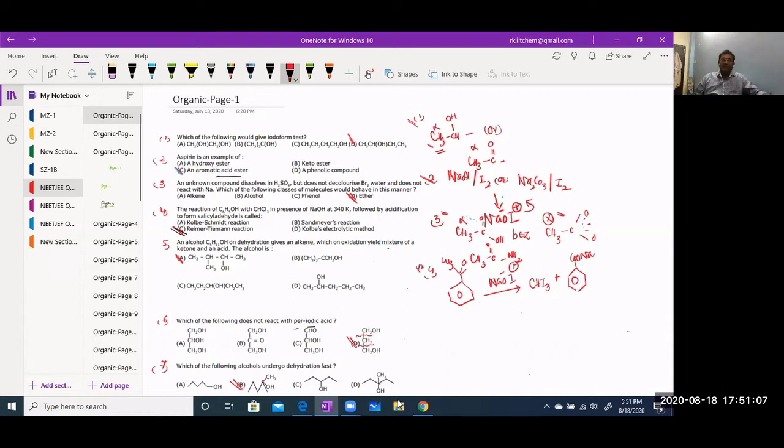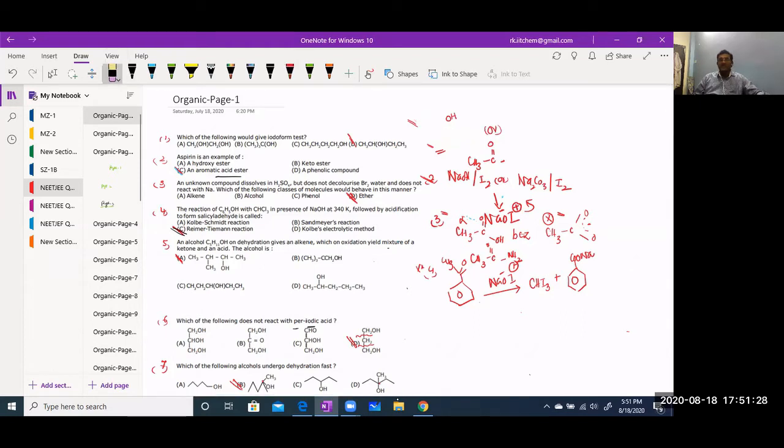Let me do the second question. Aspirin is an example of hydroxy ester, ketoester, aromatic acid ester, or phenolic compound. It's going to be an aromatic acid ester. How is it going to be an aromatic acid ester? Let us see, children.